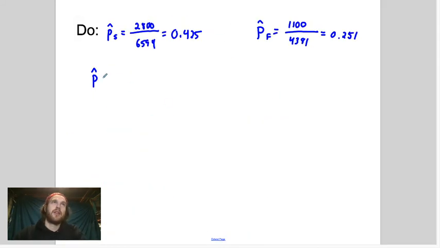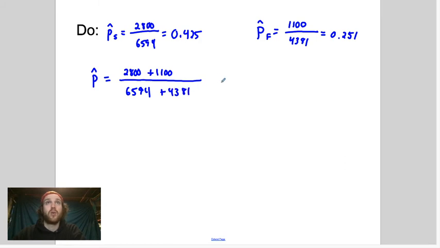To calculate the pooled value, we take the total number of fatalities, 2,800 plus 1,100, which is 3,900, divided by the total sample size between both samples, which is 6,594 plus 4,381, which is 10,975.